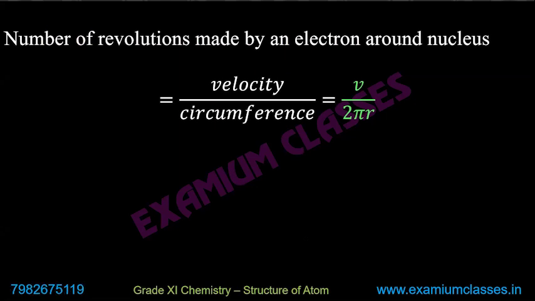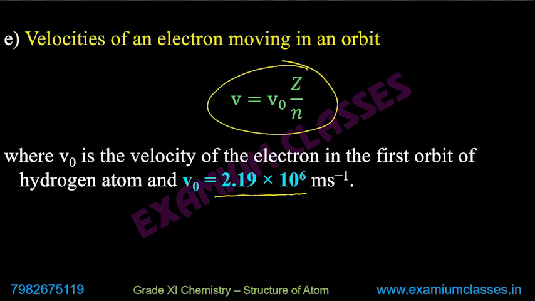Then another point, again, this is related to competitive examinations. If you are to calculate the number of revolutions made by electron, तो ये NCERT की बुक का नहीं है, CBSE? No, no. Sir, can you tell the value for V naught? 2.19 into 10 power 6 meter per second.